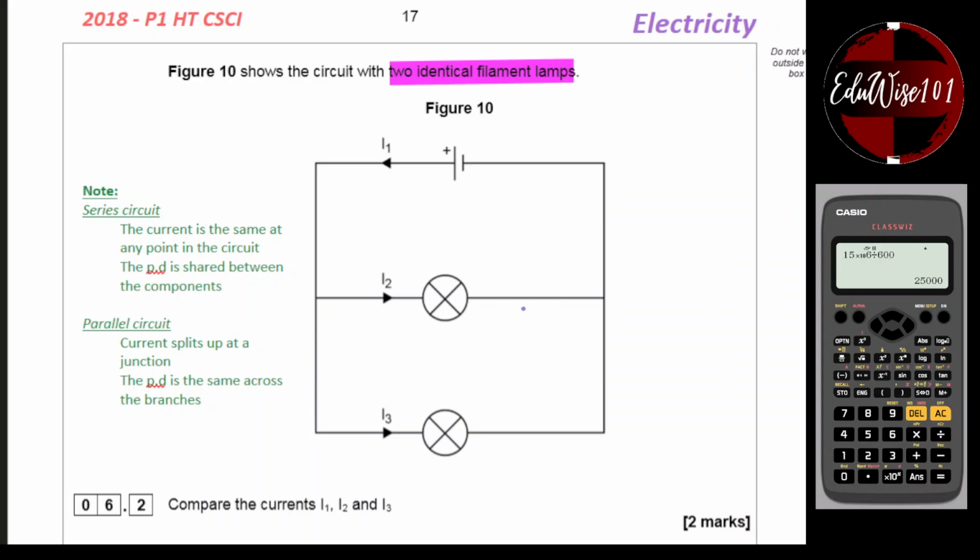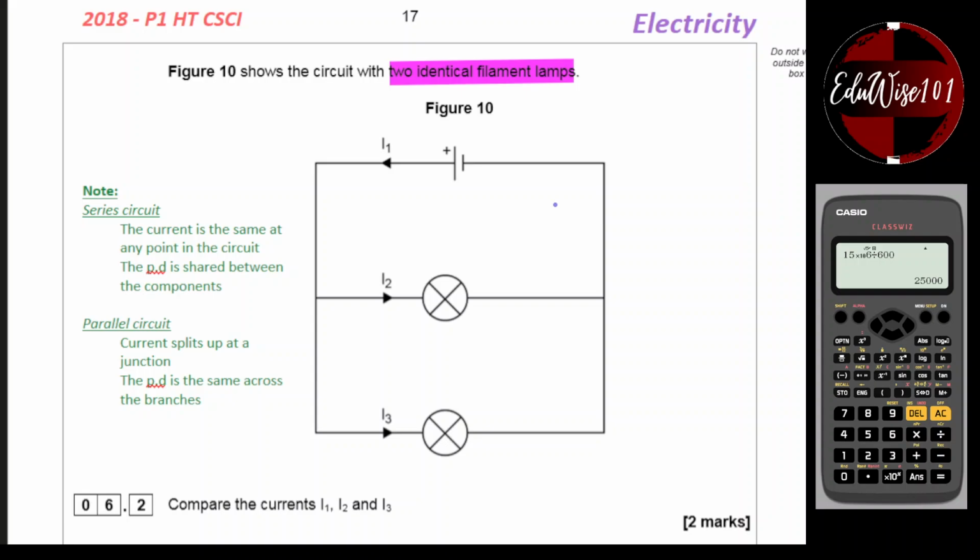So if you had two bulbs, then it will be shared. So if it was 9 volts here, it will be 4.5 and 4.5. That's why it is important that you understand it has to be two identical filament lamps. If it wasn't identical, then it will be different. In a parallel circuit, the current I1, which is the total current, splits up at the junction here equally because they are identical lamps, and then joins back up again to maintain the total current before it returns to the negative side of the cell.